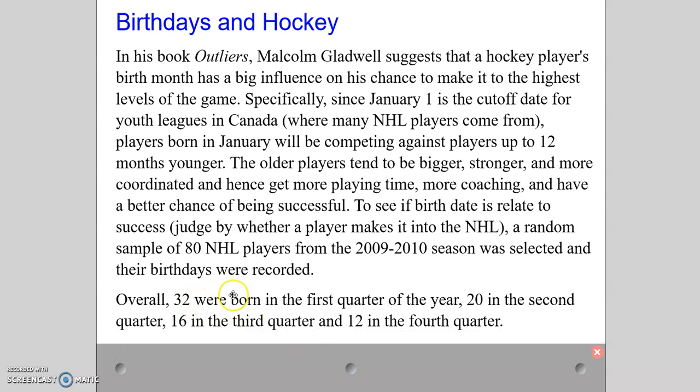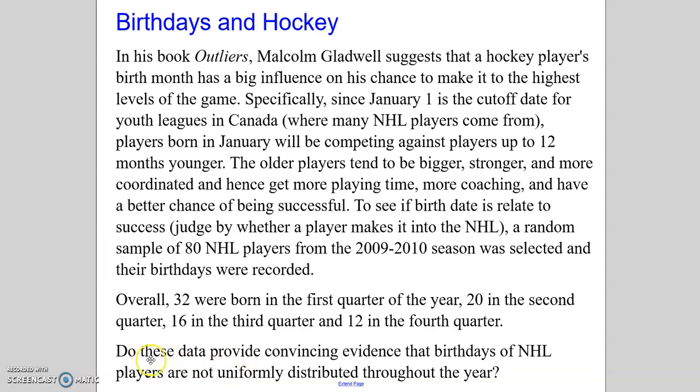So 32 of those 80 players ended up being born in the first quarter of the year, 20 in the second quarter, 16 in the third quarter, and 12 in the fourth quarter. So, do these data provide convincing evidence that the birthdays of NHL players are not uniformly distributed throughout the year? I would actually like you to give this one a try. Try writing up the 4-step state, plan, do, conclude process, and then press play when you're ready to check your answer.